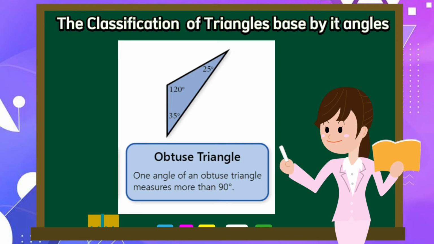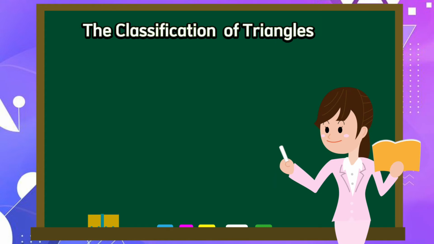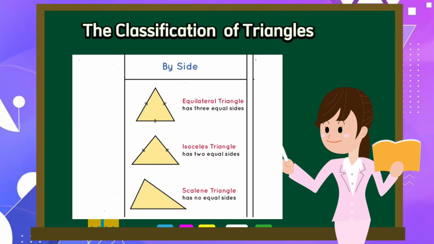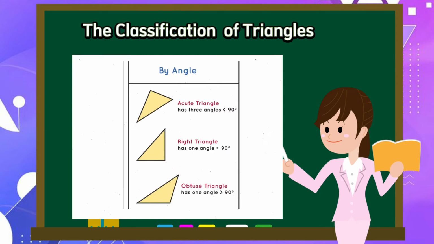That is an obtuse triangle. So that is the classification of triangles based on their sides and angles. Let's recall the six classifications. By its sides, we have the equilateral triangle, isosceles triangle, and scalene triangle. Based on its angle, we have the acute triangle, the right triangle, and lastly the obtuse triangle.